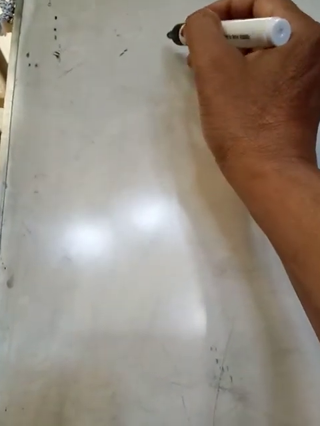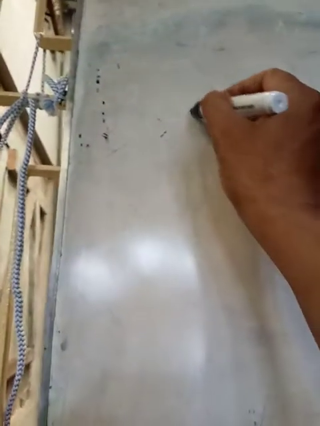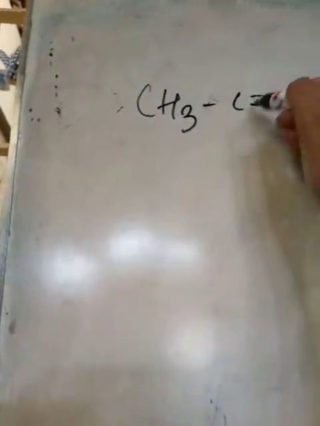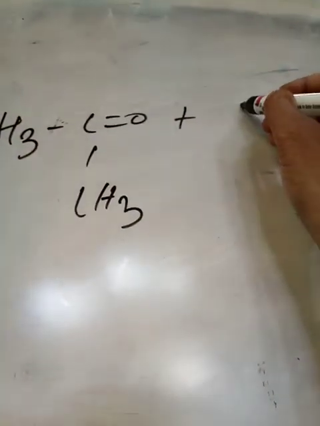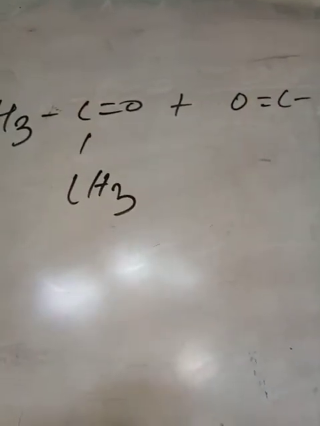Now there is another reduction of aldehydes and ketones by which you can prepare pinacol. That means if ketones, say I am taking an individual ketone, two molecules of ketone, CH3, C double bond O, CH3 plus O double bond C, CH3, CH3.